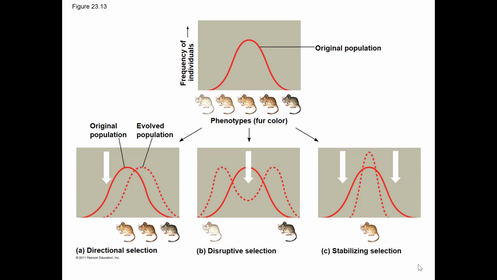So the other one is frequency dependent selection. Something is advantageous when rare. And why on earth might that be the case?